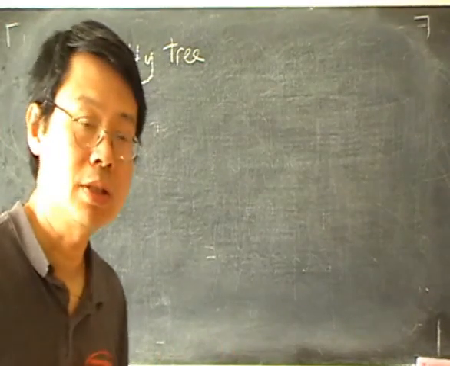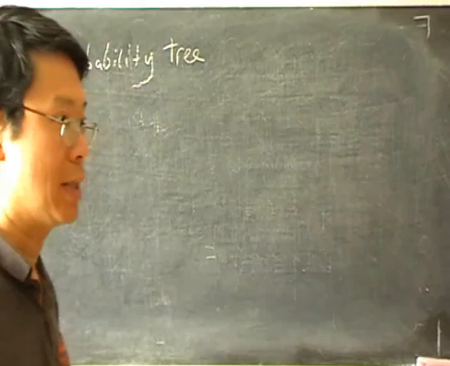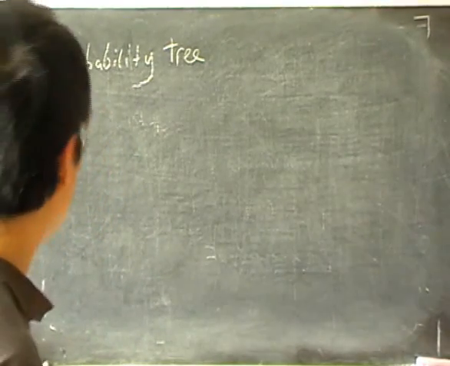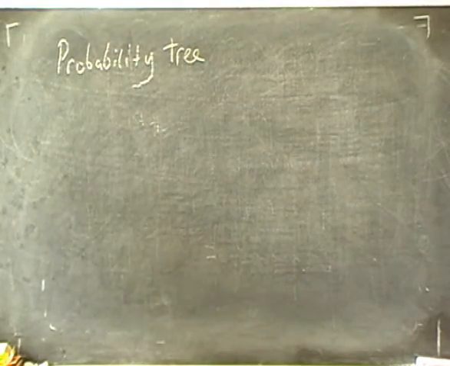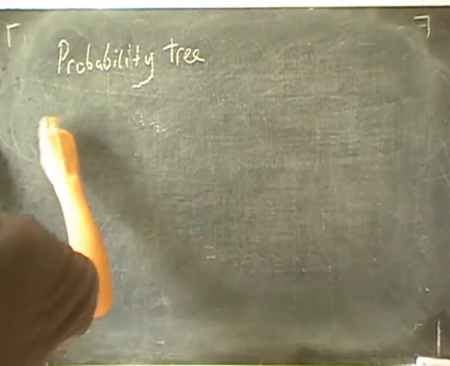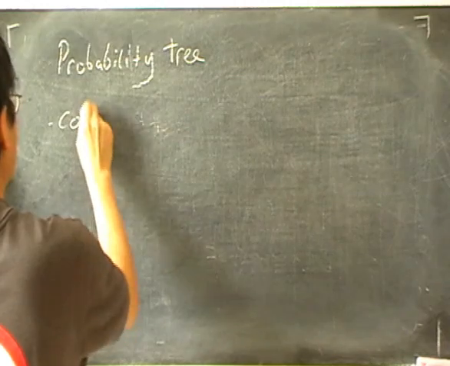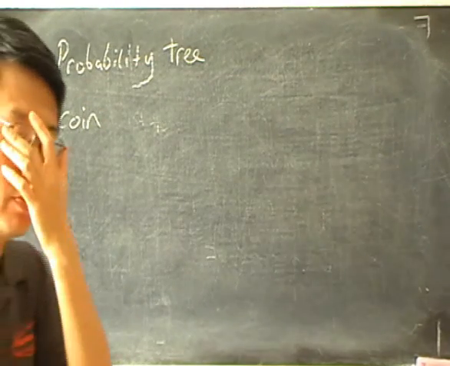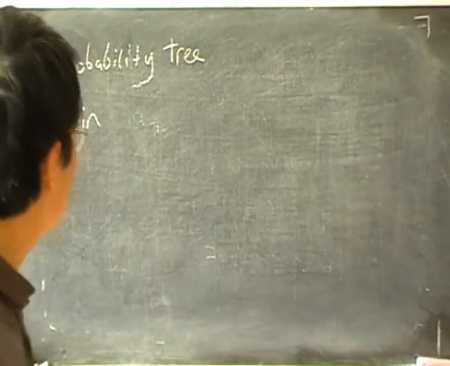Now, a tree has branches, and that's exactly what we're going to use in this example. So we'll start with a coin with a head or a tail.